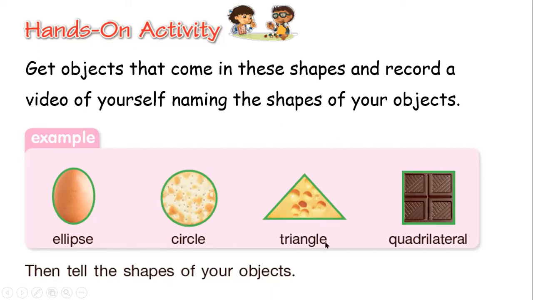The same applies to a triangle. The same applies to a quadrilateral. You can get like the window, you know, and you show the sides that can make it a quadrilateral. Okay, all right, so that is activity number 1. You record the video and you will send it to me.